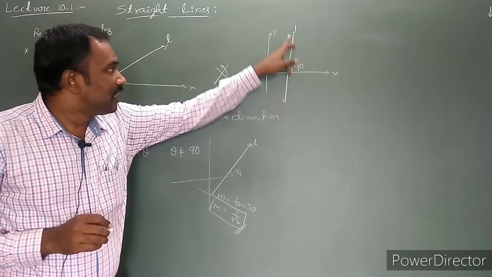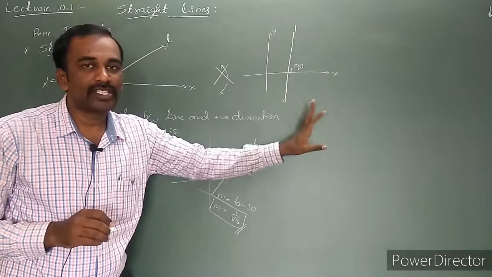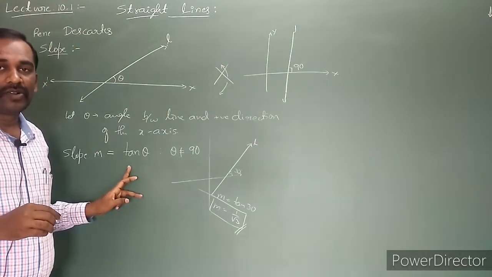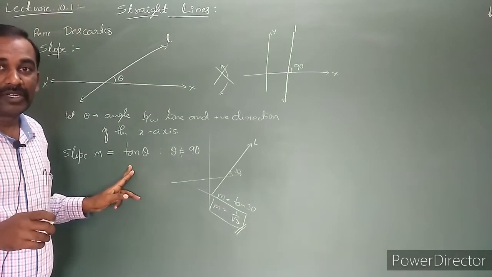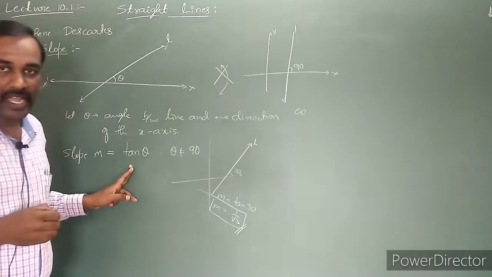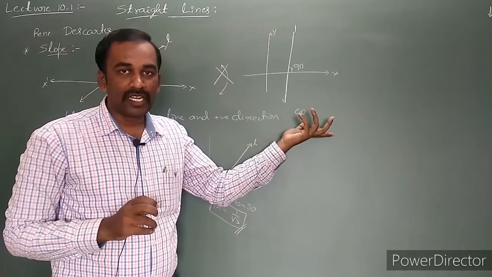Are you clear? Then go for the formula m is equal to tan theta, tan of 90. What is tan 90? Tan 90 is not defined, which makes it not possible to study anything about this one.